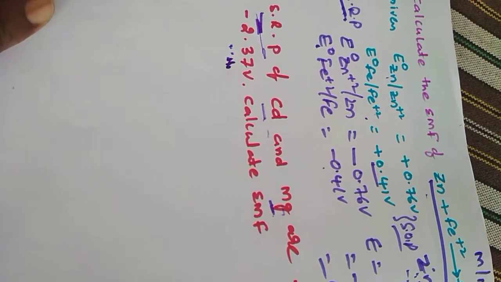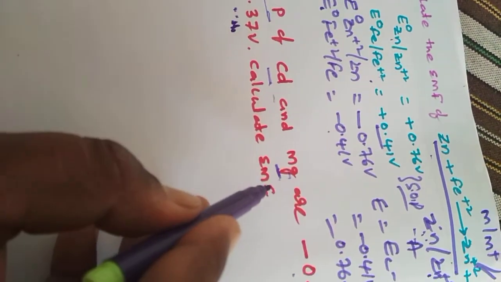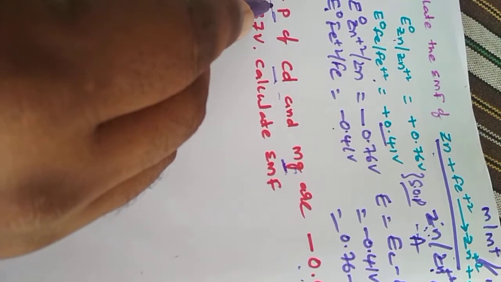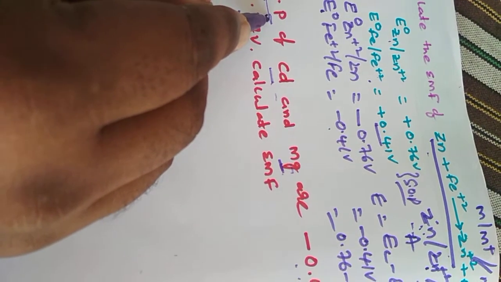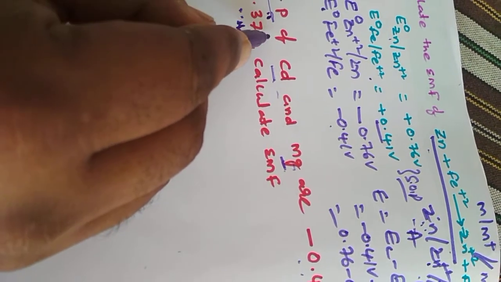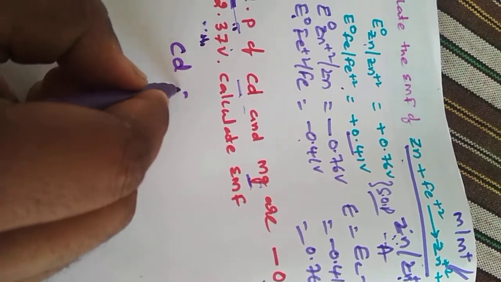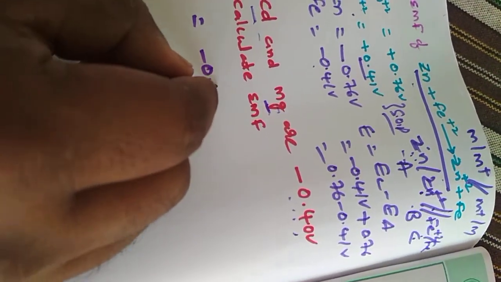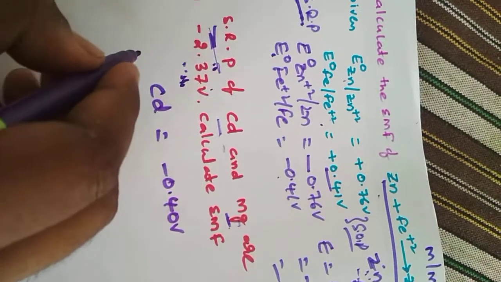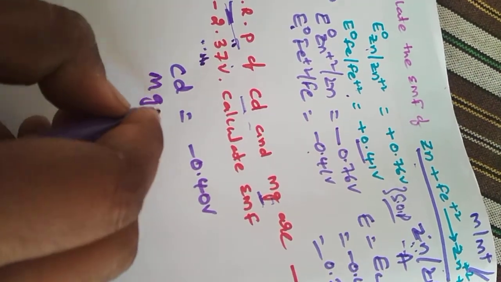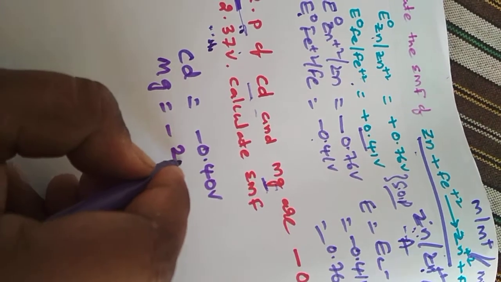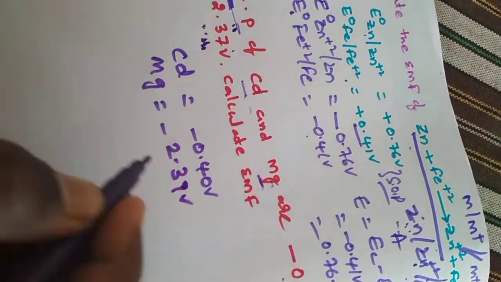According to the electrochemical series, the metal which has the higher SRP works as the cathode, and the other is the anode. Here the two values are: cadmium is minus 0.40 volts, and manganese is minus 2.37 volts.